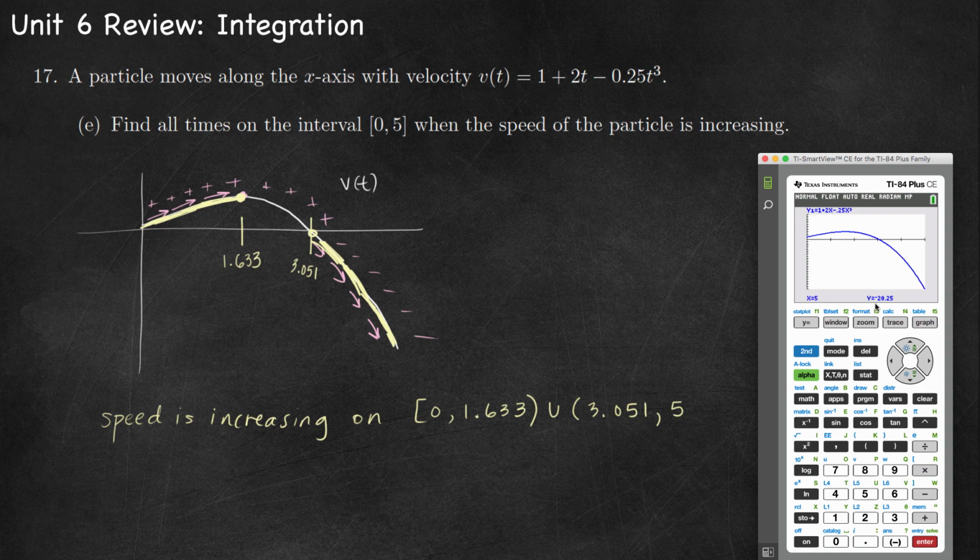At 5, the velocity is negative 20.25, so I can include 5 as a point where the speed is still increasing. Okay, so now the reason is different for each of these, so I probably should have done this separately. Yes, let's do this separately.